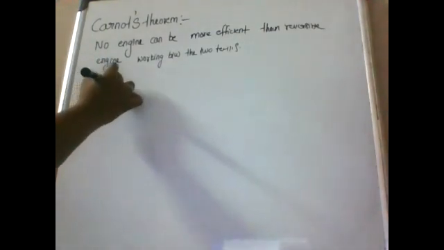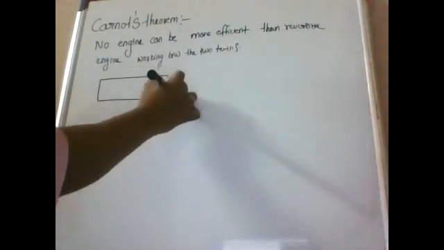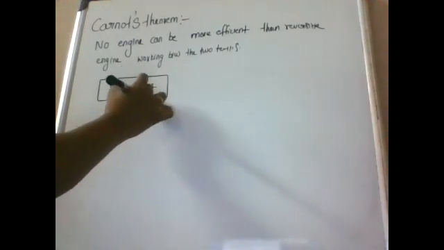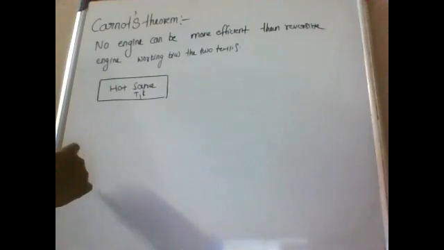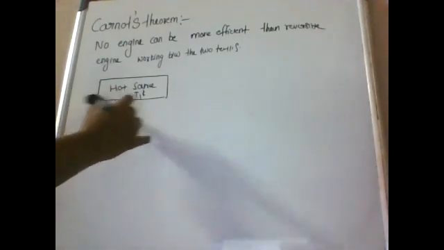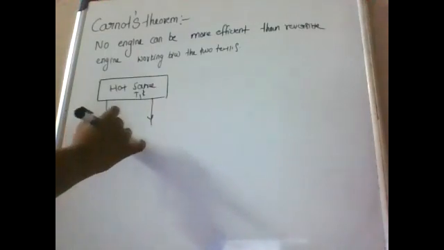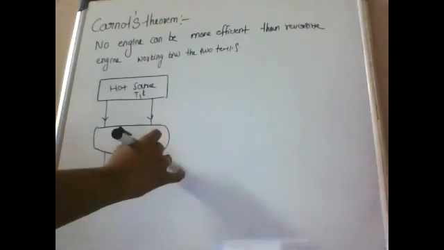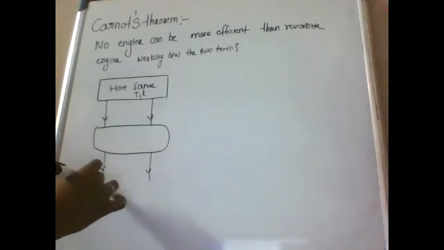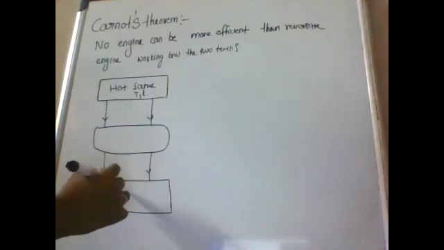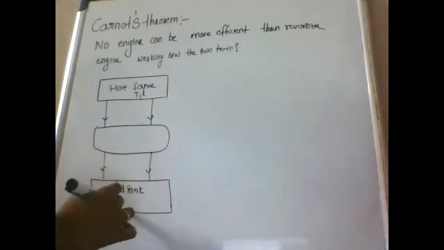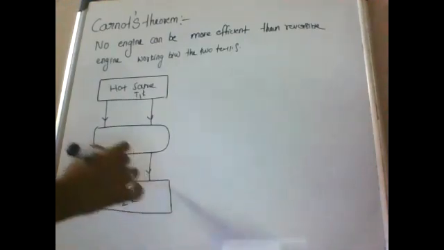So here is the diagram. This is the hot source, T1 Kelvin. Next, this is the cold sink, T2 Kelvin.